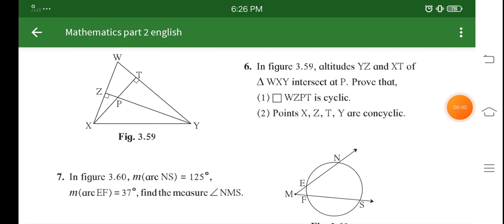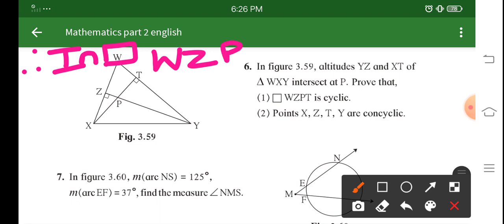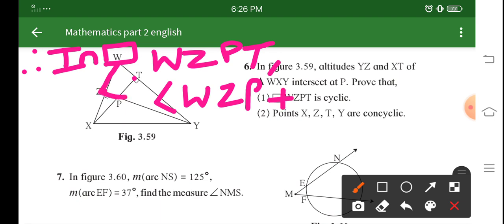So now in quadrilateral WZPT, right? This is the quadrilateral. So you can take this angle and this angle. You can just write angle WZP, right? This angle, plus this angle WTP.